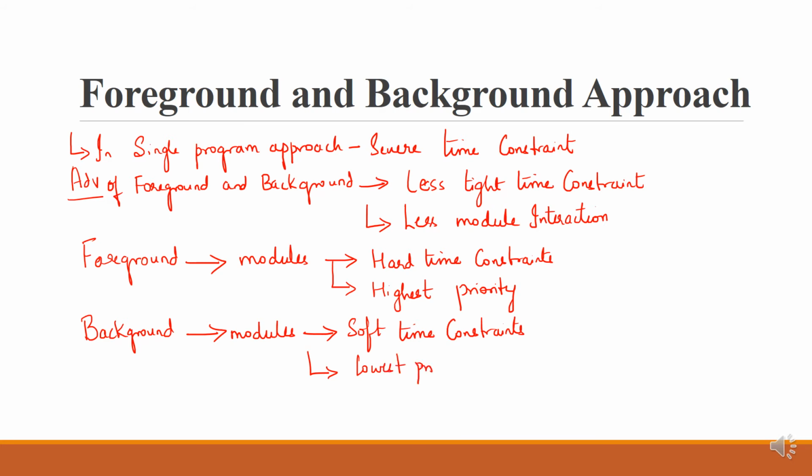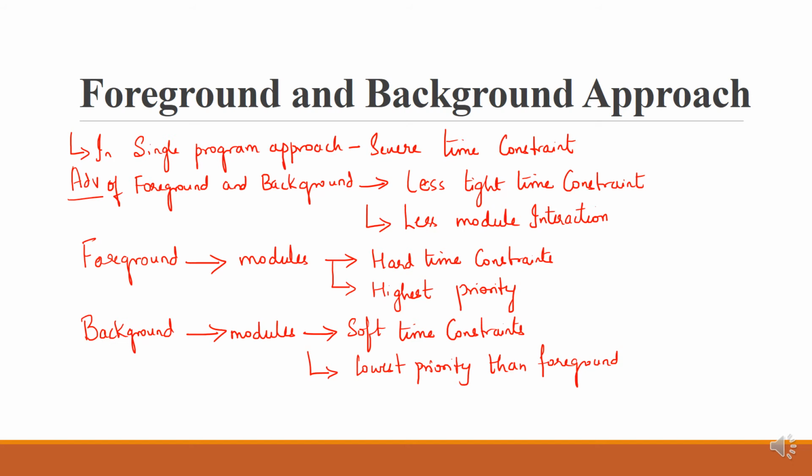So it will have lowest priority than foreground. Okay, so we basically understood what is the foreground task and what are background tasks. So we basically have to partition this foreground and background task in this approach.